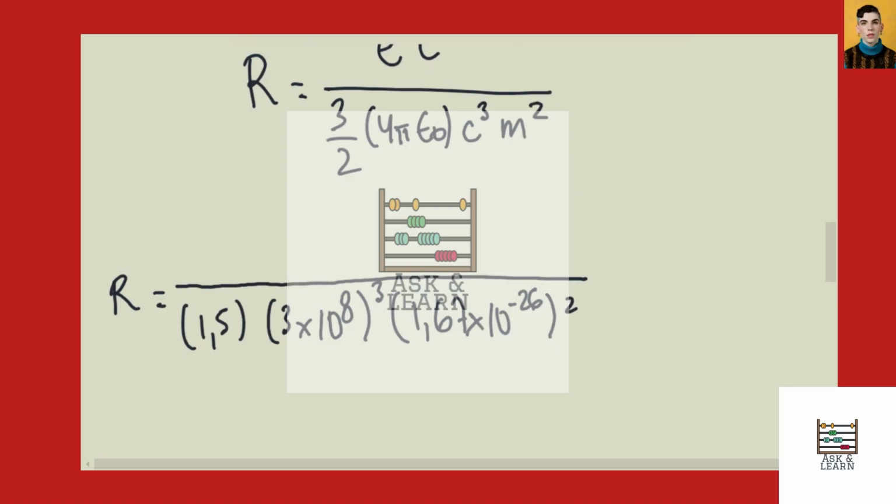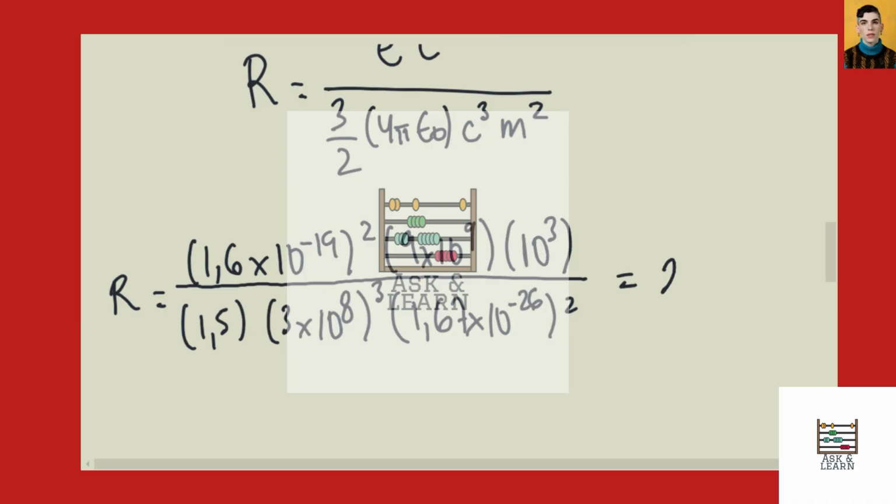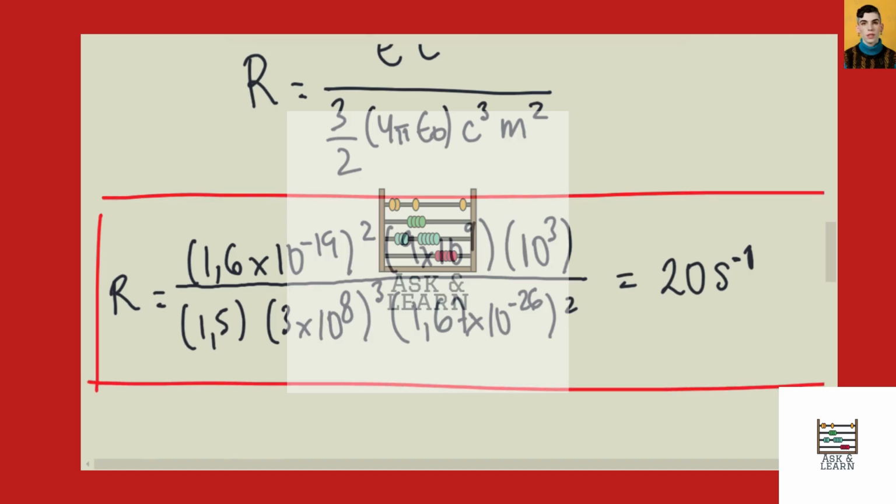In the numerator, we will have the charge of an electron, which is 1.6 times 10 to the minus 19, squared, and the inverse of 4 times pi times epsilon sub 0, which is Coulomb's constant, 9 times 10 to the 9, and this times the restoring force that we are given, 10 to the 3. So from this we obtain a rate of 20 seconds to the minus 1. So that's the solution for part A of this problem.